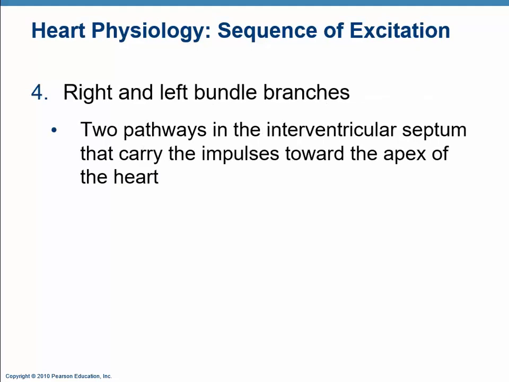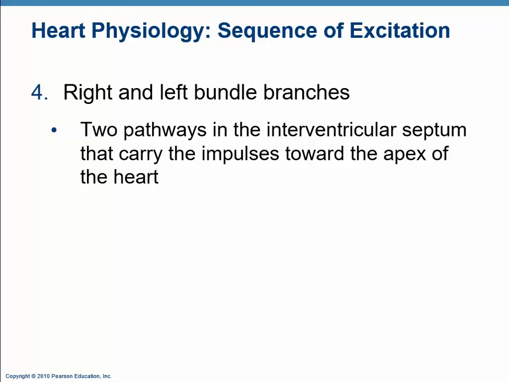Now, as the AV bundle goes through the AV septum and into the interventricular septum, it branches into right and left bundle branches. One goes to the right side and the other goes to the left side, obviously. They both carry on down the interventricular septum to the apex.